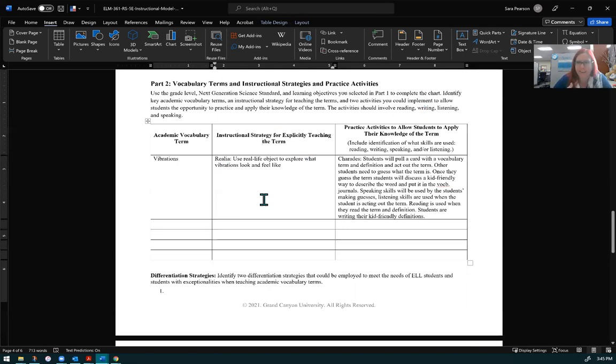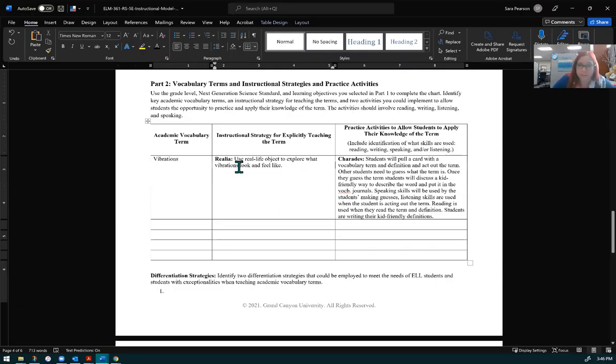So when I read this, I have the question of, am I writing an instructional strategy in each box, or is that how I'm teaching all of the terms? Am I writing an activity in each box, or do I only need 2 activities? And that's often the question I most get around this assignment.